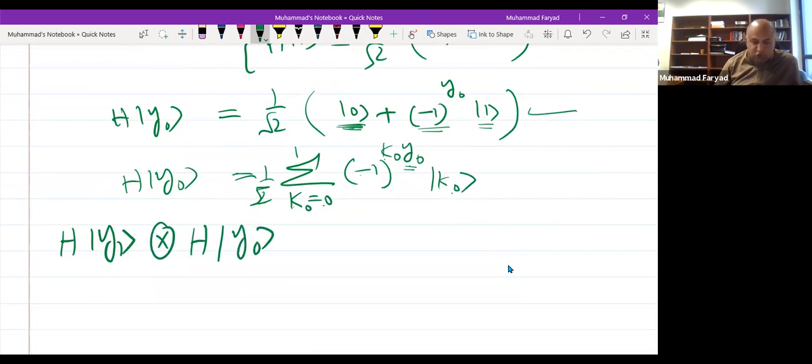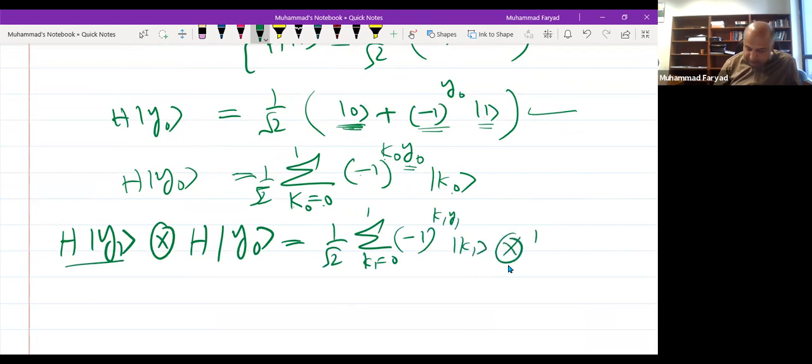So if you're okay with this, let's see what happens if I have Hadamard on qubit y1 tensor with Hadamard on qubit y naught. It means I can write this as 1 over square root 2 sum over k1 going from 0 to 1 of minus 1 power k1 y1 into k1, tensor 1 over square root 2 sum over k naught going from 0 to 1 of minus 1 power k naught y naught into k naught, which I can combine together like this.